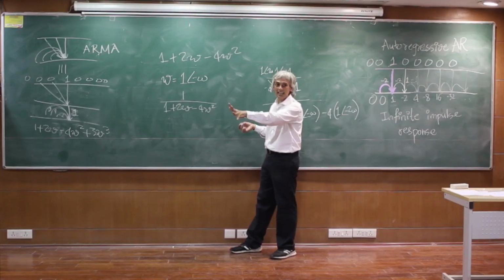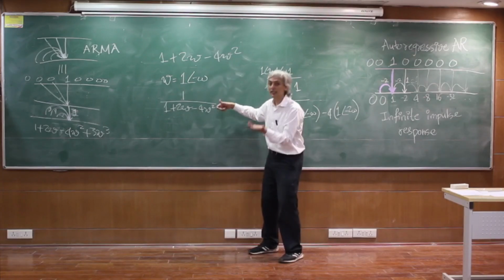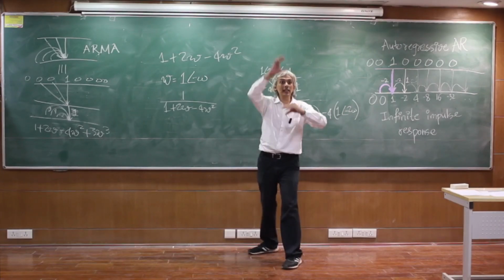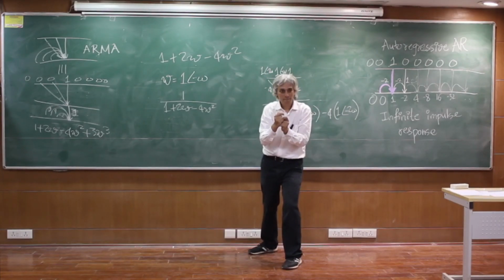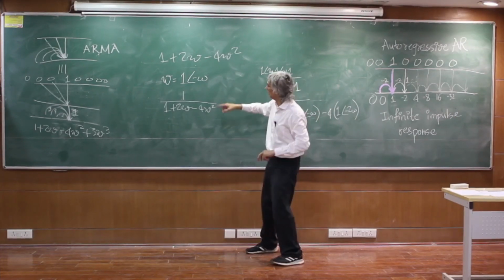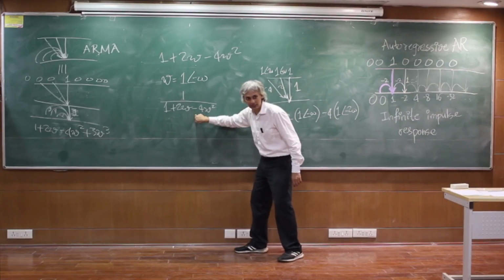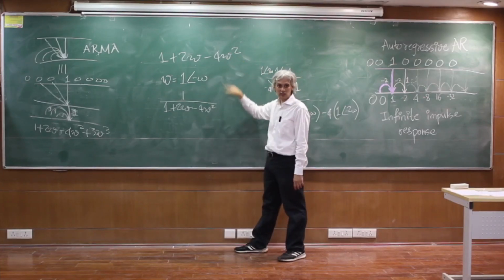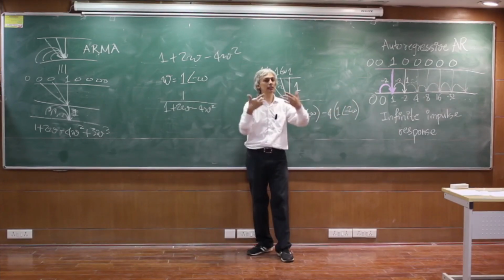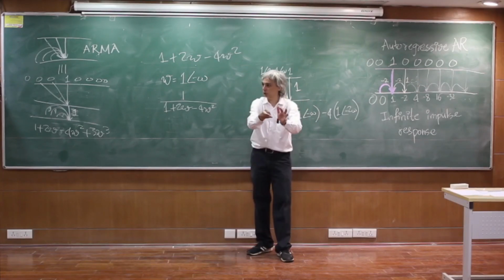Since AR and MA have to cancel each other as processes, their Fourier transforms have to cancel each other by multiplying. Which means that they have to be reciprocals of each other. Which means that substituting W equals 1 angle minus omega into this is exactly going to give you the correct answer. Okay? So, in general for ARMA filters, calculating the DTFT given their W representation is just a substitution.